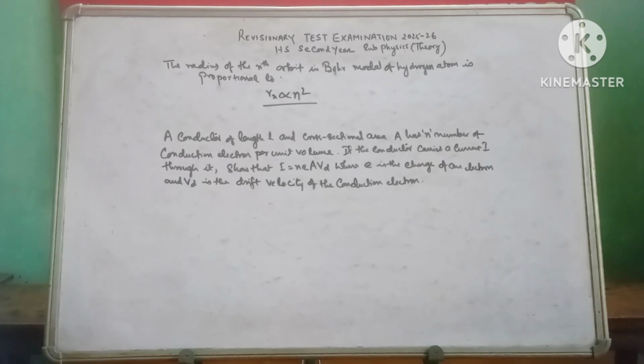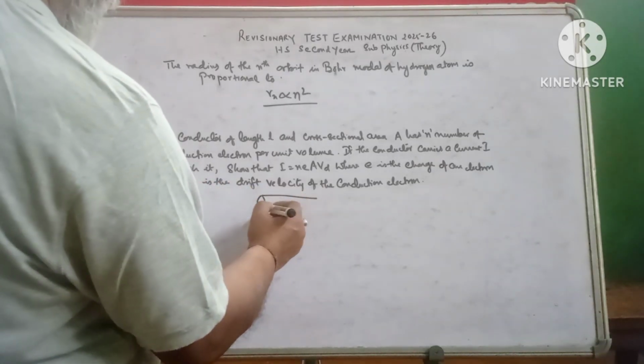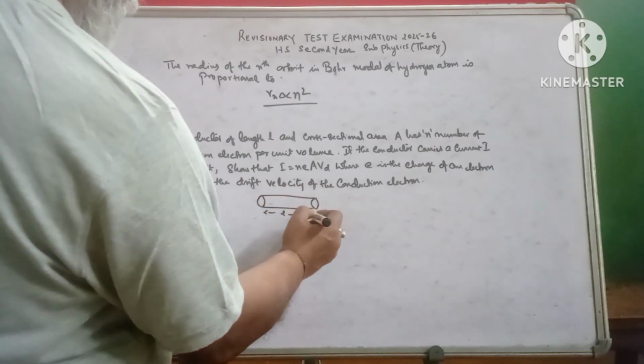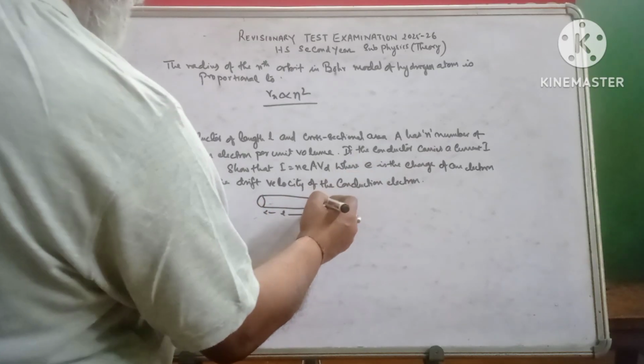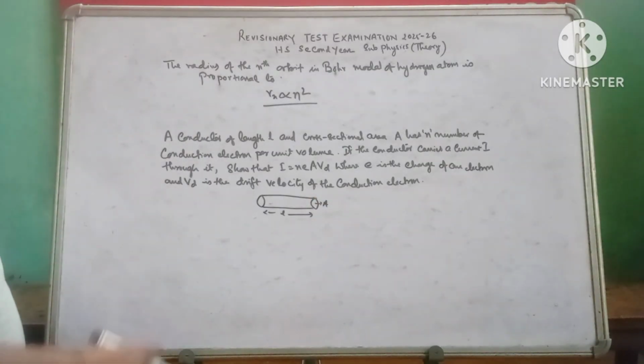And next, a conductor of length L, and your cross-sectional area is A. You have to derive this formula.